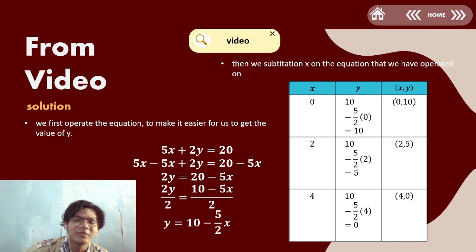So the coordinate for x is equal to 2 is (2, 5). For x equal to 4, y is 10 minus 5/2 times 4 is equal to 0. So the coordinate is (4, 0).